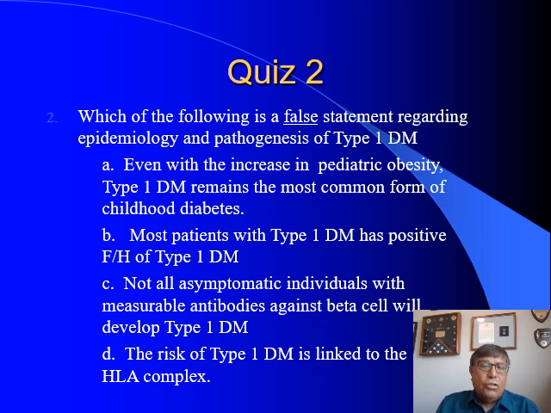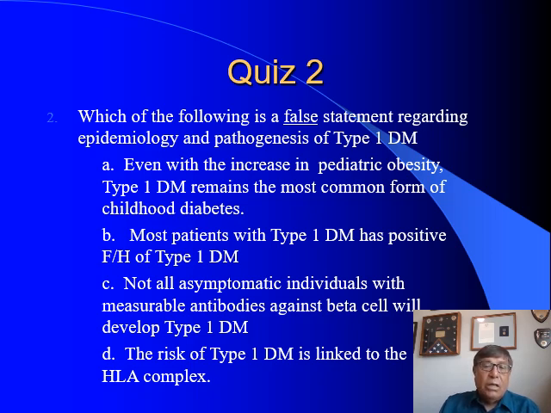Question number 2 is, which of the following is a false statement regarding the epidemiology and pathogenesis of type 1 DM? Although we have not discussed that, I just put it here because it's such a favorite board question. First, even with the increase in pediatric obesity and type 2 diabetes, type 1 diabetes remains the most common form of childhood diabetes.